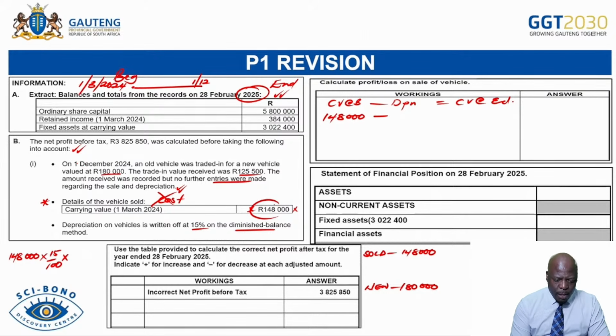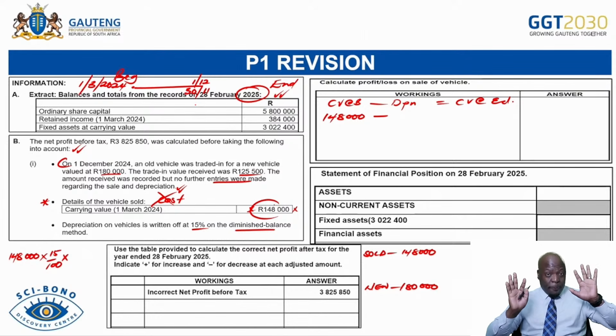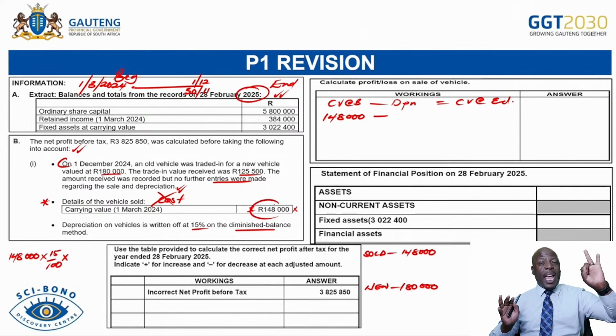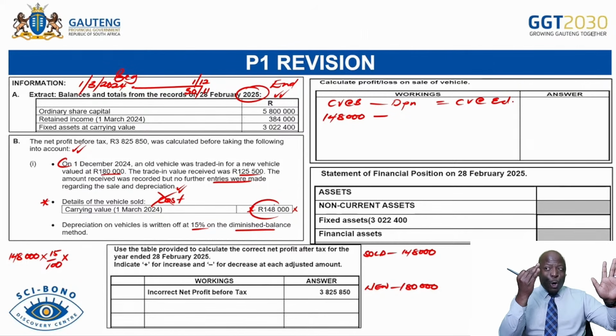You need to know that if it's the 1st of December, you're counting only up to the 30th of November. So we're going to count: March, April, May, June, July, August, September, October, November.